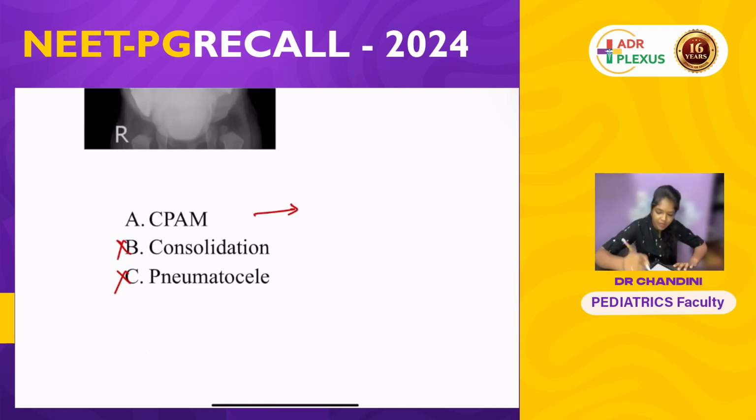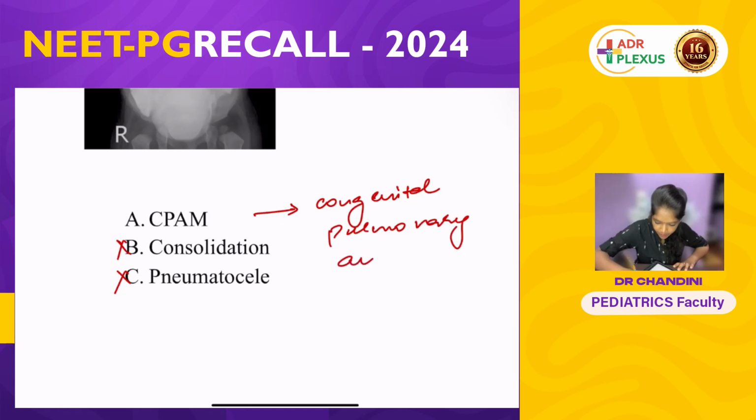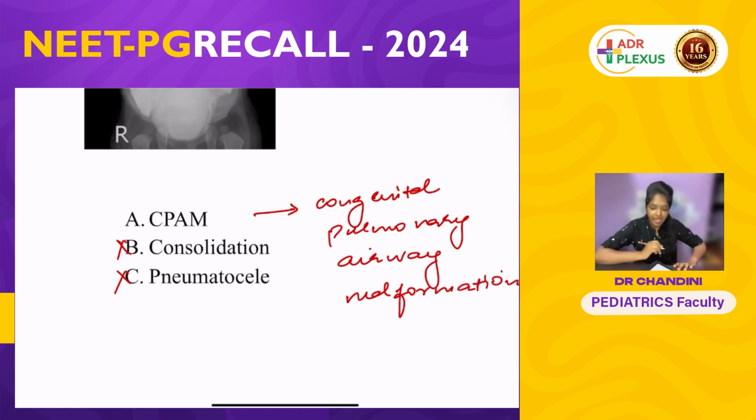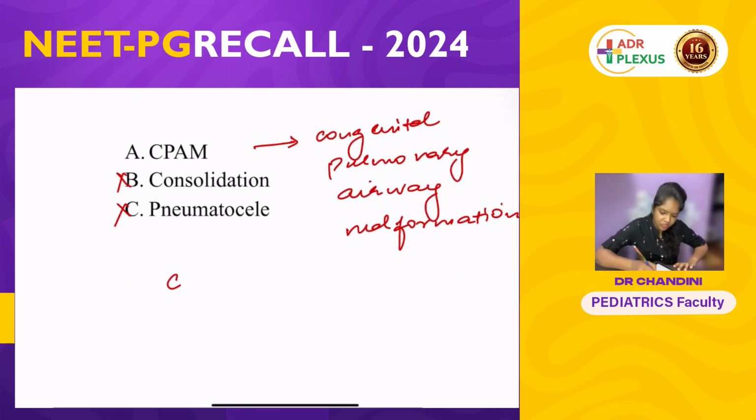The answer is CPAM. What is CPAM? CPAM is congenital pulmonary airway malformations. Previously, it was called CCAM, congenital cystic adenomatoid malformations.